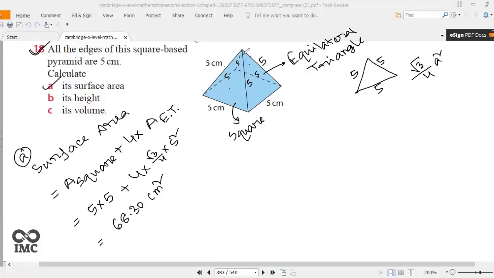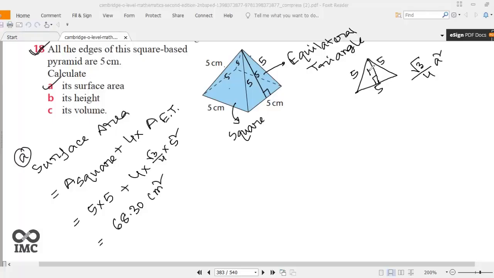We can find the answer in another way. If all sides are 5 centimeters, then what will be the height of this triangle? The height of this triangle is called the slant height of the pyramid. How can we find it? This is the height, where it must be 90 degrees.